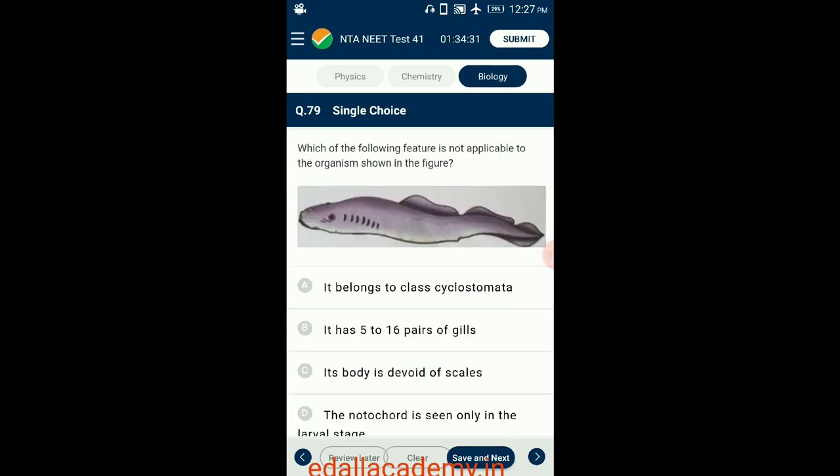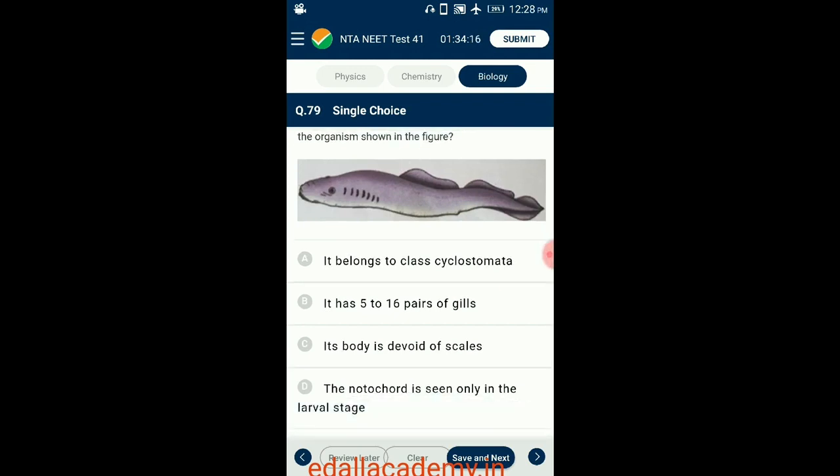Question number 79. Which of the following features is not applicable to the organism shown in the figure? The diagram represents the class Cyclostomata. The body is elongated, eel-like with median fins and cartilaginous fin rays. The paired appendages are absent. Tail is diphycercal and contains unicellular mucus glands, but no scales are present.